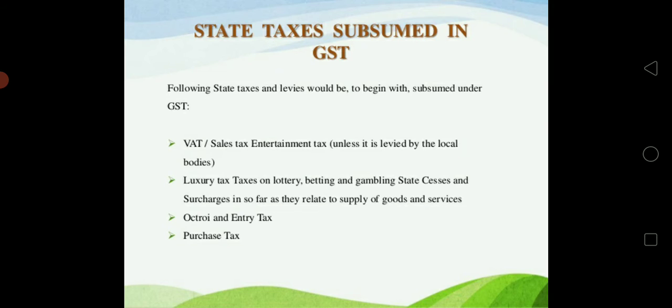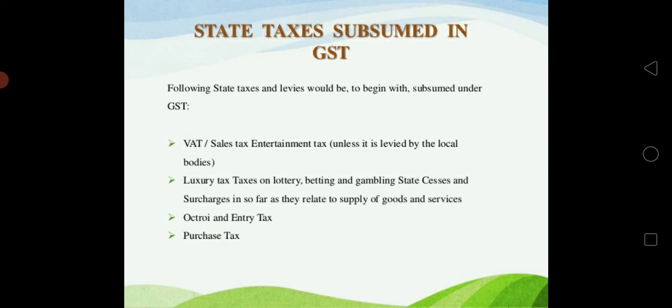And next one, purchase tax. Unlike sales tax, which is paid by the seller, this tax is paid by the consumer on purchase of goods. In practice, the seller usually passes on the sales tax to the purchaser in the form of a higher price for an item. So these are the taxes subsumed in state GST.